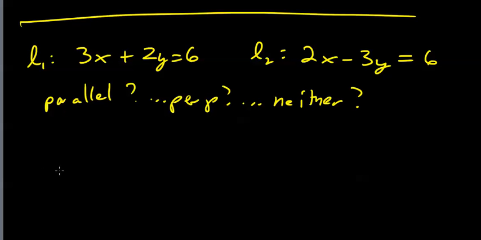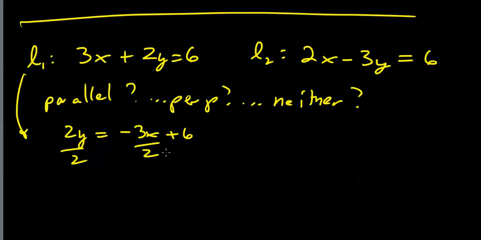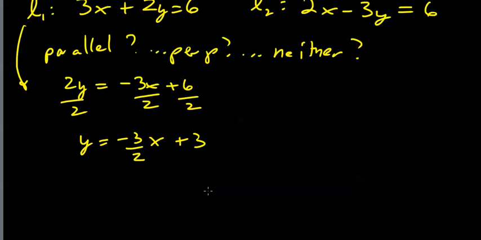And the easy way to do this is to convert to slope-intercept form. So I'm going to work with line 1 first. 2y = -3x + 6. I'm going to divide all terms, both sides, by 2. I get y = -3/2 x + 3. And I'm now in slope-intercept form. Let me work on line 2 now. Let's subtract 2x from both sides.